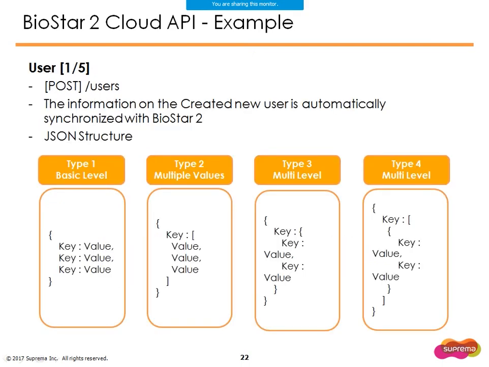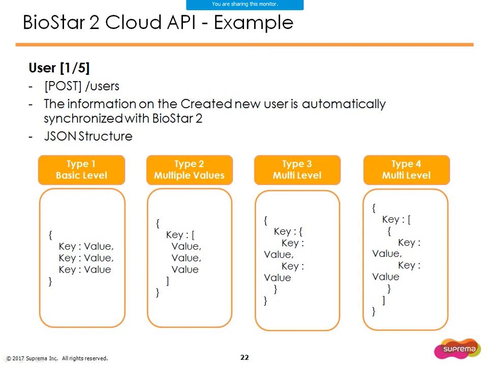Prior to learning about users API, we will look at various types of JSON structures. In this page, I will introduce 4 types of JSON structures you will mainly use. Type 1 is about the base level of JSON, which consists of a pair of key and value.